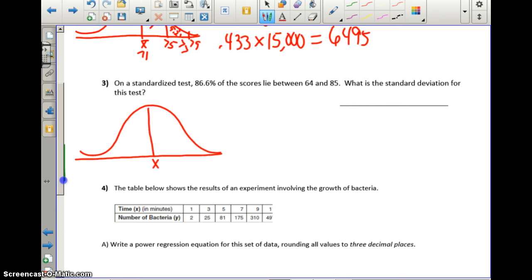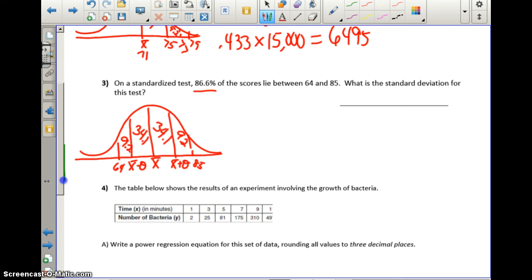Well, I don't know my mean, and I don't know what's at the mean plus a standard deviation, but if I'm going to go to 85 and I'm going to go down to 64, I find that to get to 86.6% of the data, I need the 34.1% here, the 34.1% here, then I need this 9.2 and this 9.2. These will now all add up to 86.